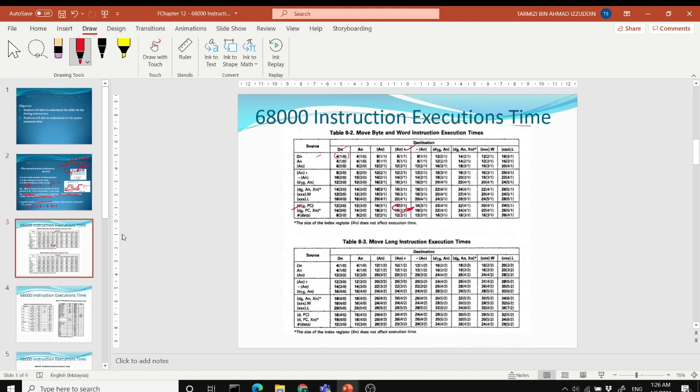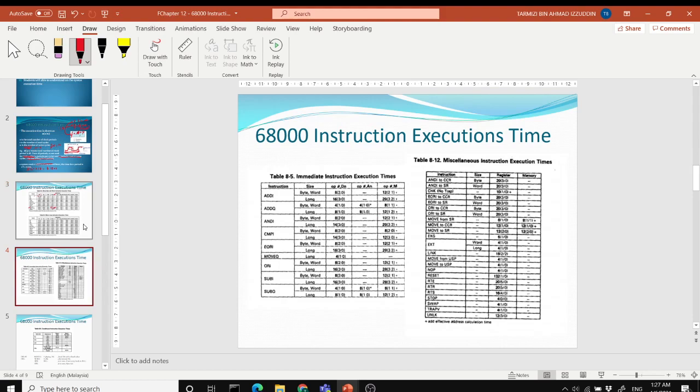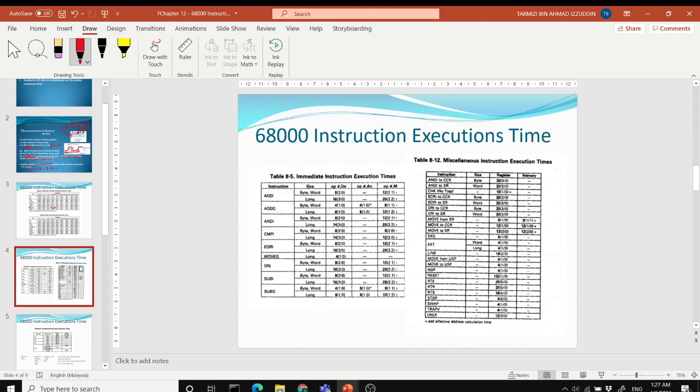So depending on the instruction and depending on the types of data being transferred or executed, you have different clock cycles, that is different clock periods. So this is the immediate instruction execution time, like add. If add byte or word size, what is the execution time required? If long, what is the execution time required, and so on. You can see over here.